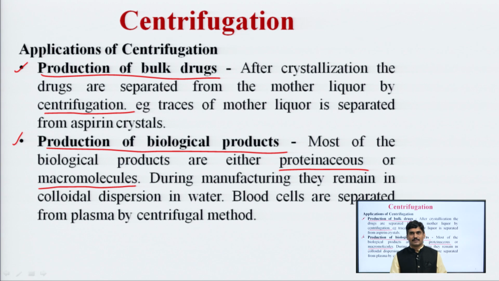What happens during manufacturing is that these substances remain in colloidal dispersion in water. In a similar way, blood cells are also separated from plasma by using this centrifugal method. So, these are some applications of centrifugation.